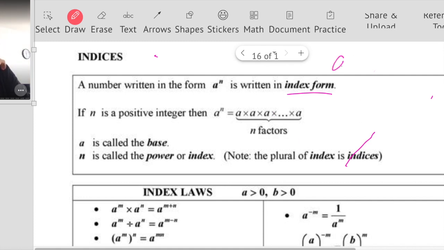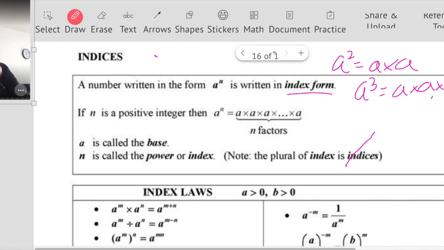So for example, if you've got a to the second power, it's just a times a, twice. A to the third power equals a times a times a, 3 times. That's it. Simple, right? a is called the base, and n is called the power or index.